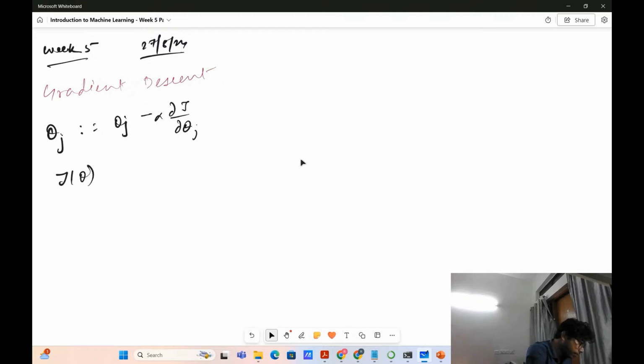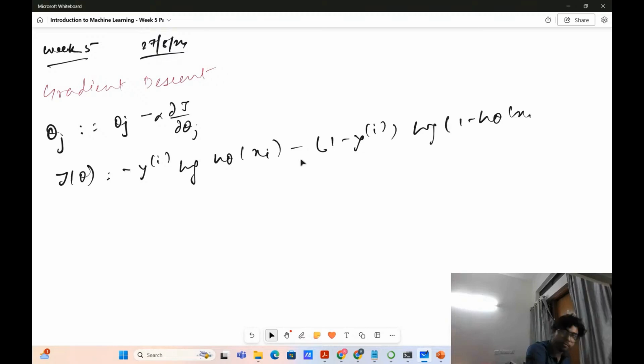The cost function is minus yi log of h theta xi minus (1 minus yi) log of (1 minus h theta xi), right? This is your cost function.